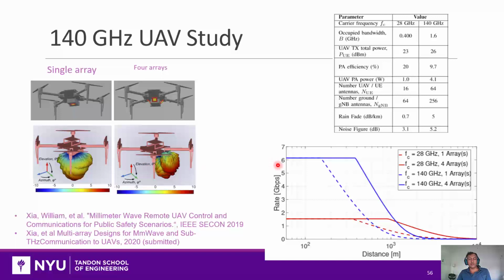But the upshot is this, that if you go to 140 gigahertz at a pretty reasonable bandwidth that you can get at this frequency, and just using single stream, not even line of sight MIMO, you can get up to about almost a few hundred meters.